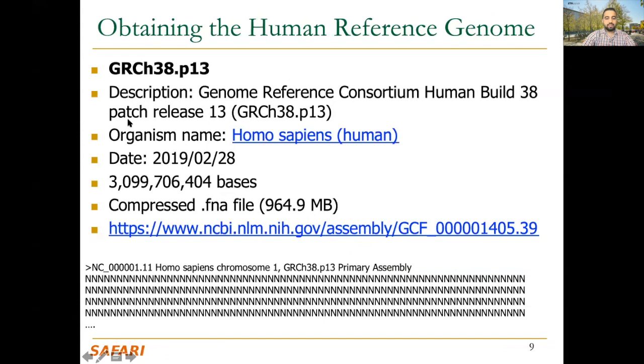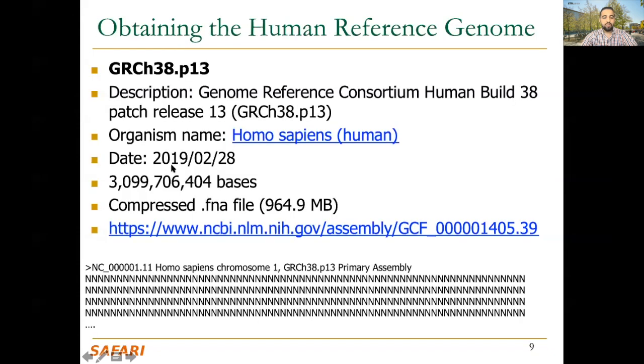Now, you can access this version publicly. Sorry, you can go to this link, for example. You will see a FASTA file, or FASTA format, and if you open it, the first few characters look something like this. Of course, this is an older version, and the recent version may look different.